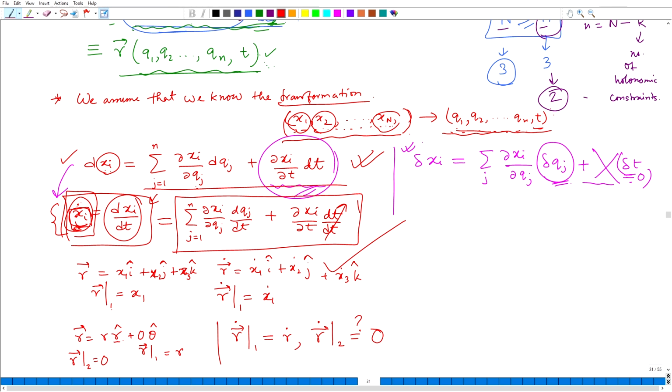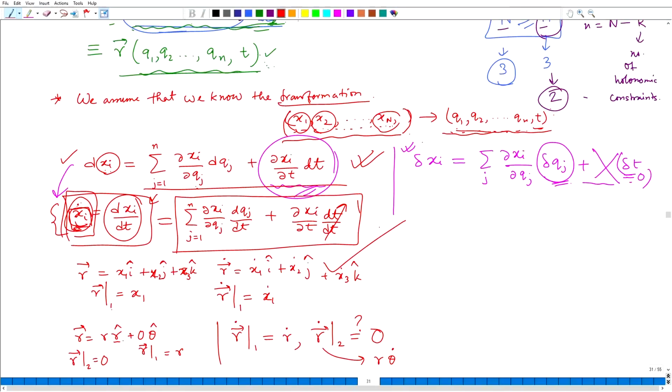Unfortunately, no. You know that this will be equal to r theta dot, that is the component along theta cap, and this is only because the r cap and theta cap unit vectors are not independent of time. The time derivatives of r cap and theta cap are not 0. This we have already discussed while discussing the velocity and accelerations in 2D plane polar coordinate systems.